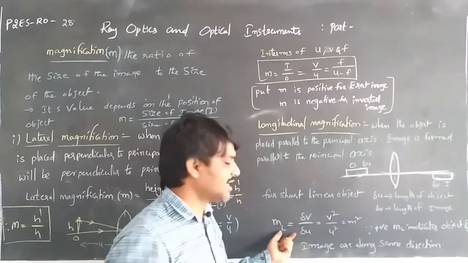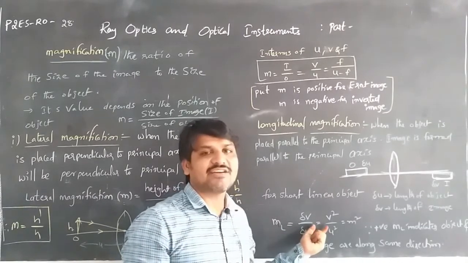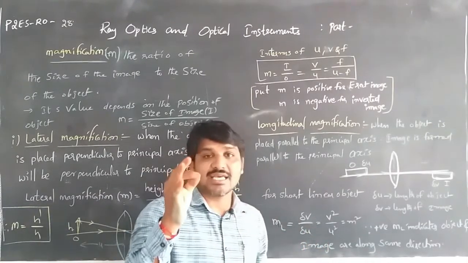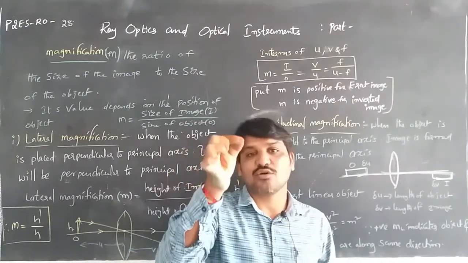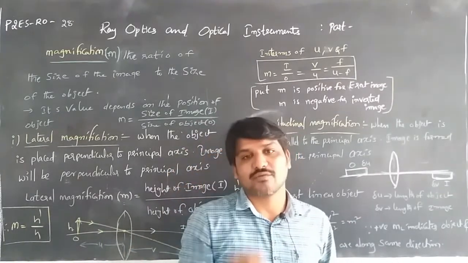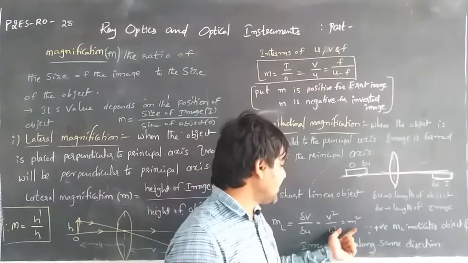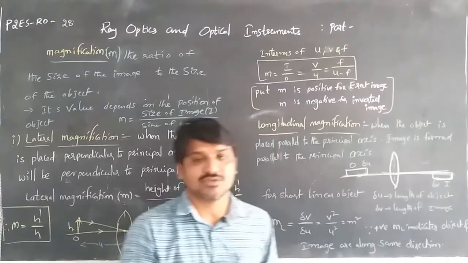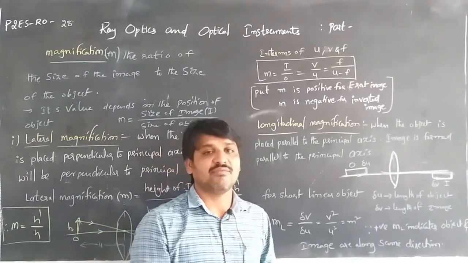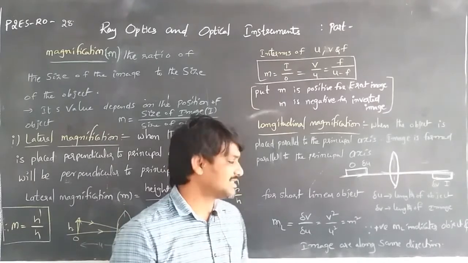Then the linear magnification ml is equal to delta v by delta u, the ratio of the length of the image to the length of the object, that is v square by u square, equal to m square. Positive indicates that the object and image are along the same direction.